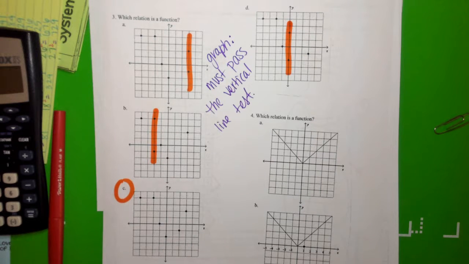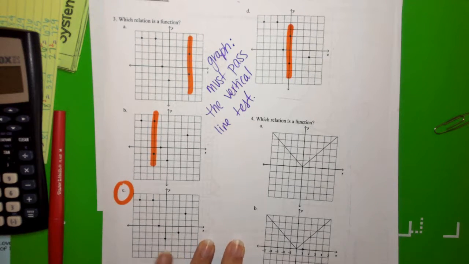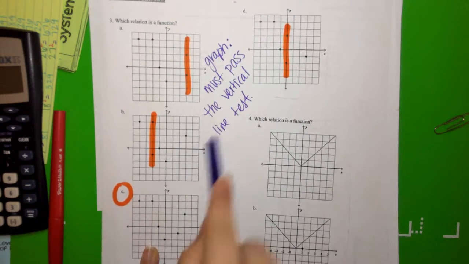And what is the vertical line test? If it hits twice, what is it? It's not a function. If it hits once, what is it? It is a function. Awesome. Take a point, guys. Good job. Does everybody have this written down?